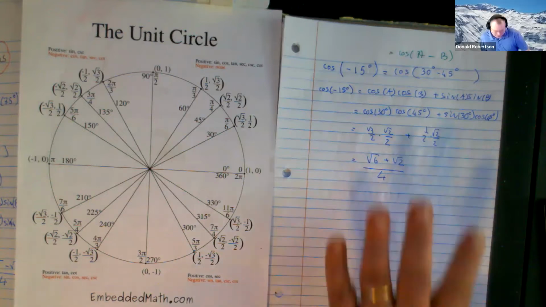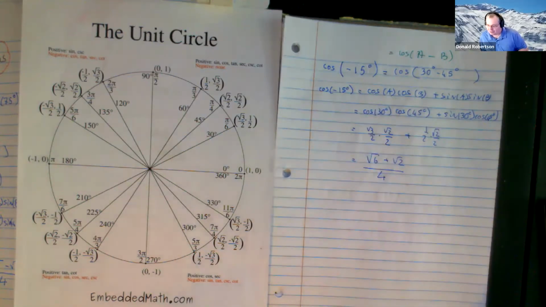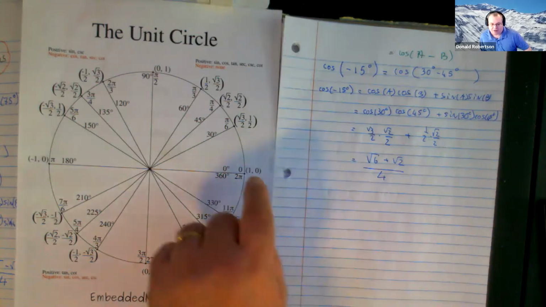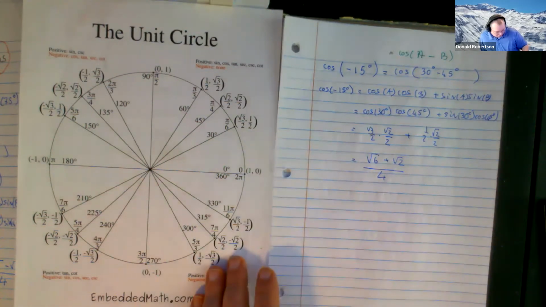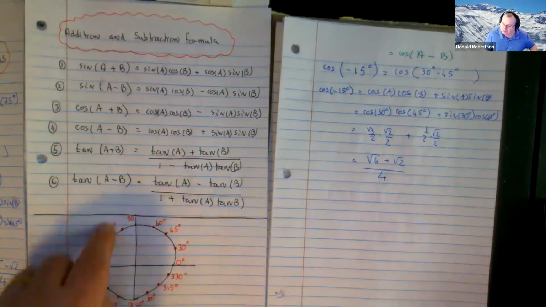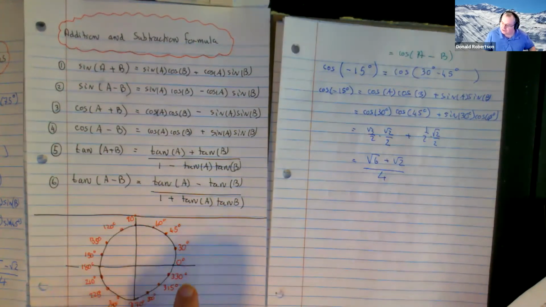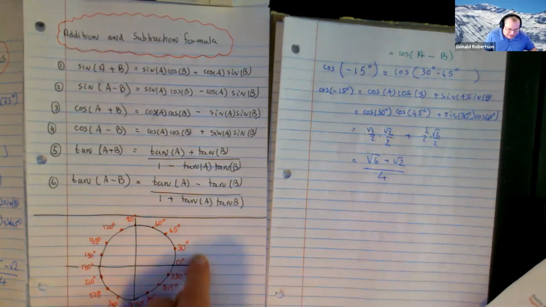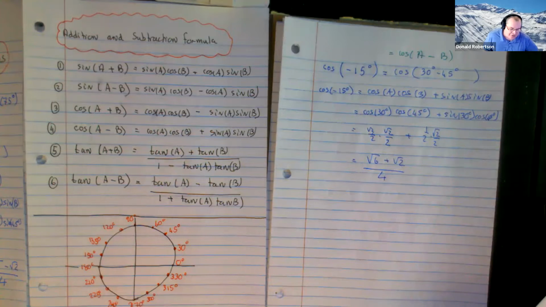So this method doesn't work for every angle in the universe, right? 72 degrees is not going to work with this method, because your building blocks are quite limited, aren't they? There's only so many things you can get. Would you agree that if you add and subtract any of these numbers, your answer is going to end in a 5 or a 0?